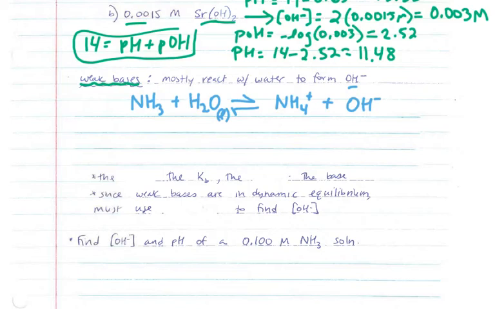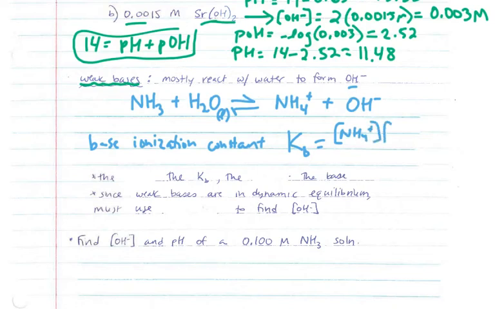So the base ionization constant for weak bases is the Kb. Same thing as the Ka, it's just an equilibrium expression. So the NH4 plus in this case, and the OH minus over the NH3. Water has no place in the equation because it's a liquid, not an aqueous or a gas.